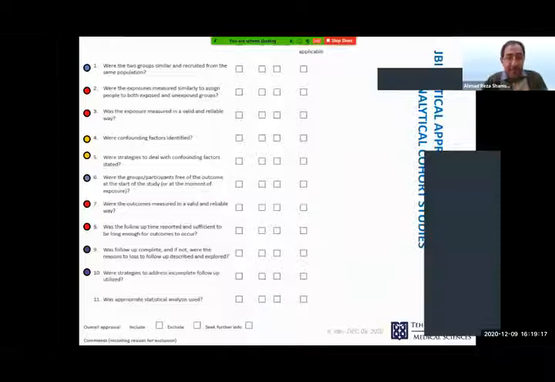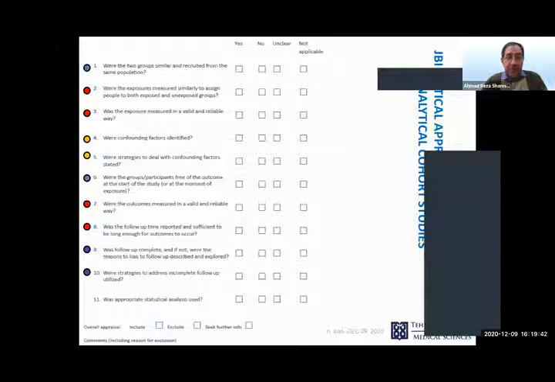The sixth question: were the groups and participants free of the outcome at the start of the study? Because, as we said, in a cohort study the direction of the study is from exposure to the outcome, so all of the participants should be disease-free at the start of the study.